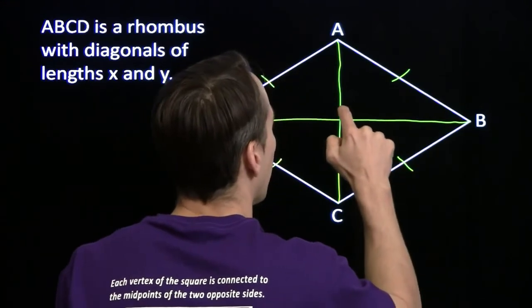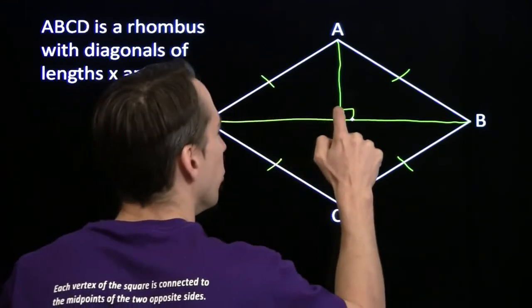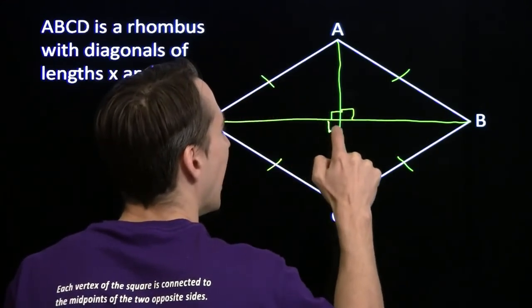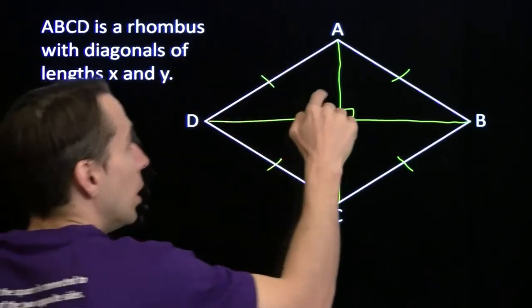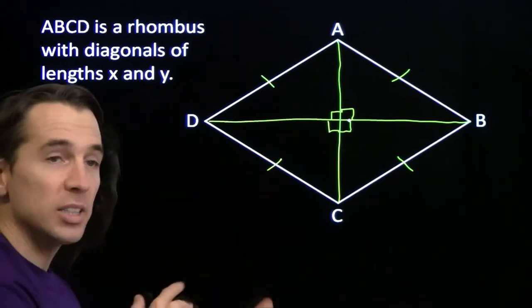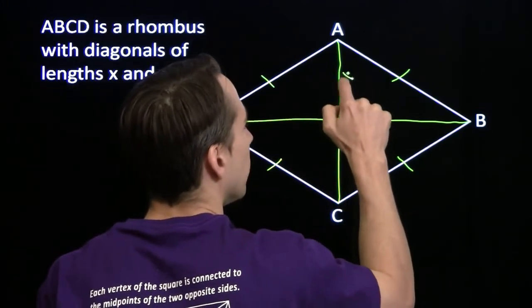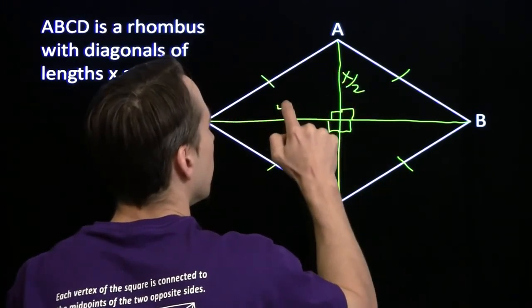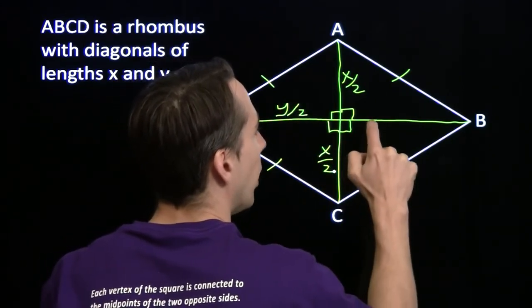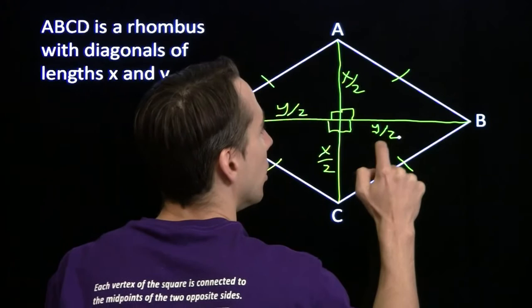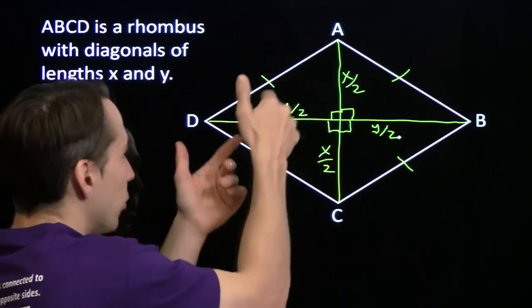And it cuts the rhombus into 4 identical right triangles. That means these two diagonals bisect each other, they cut each other in half. So these identical right triangles have legs of length x over 2 and y over 2.